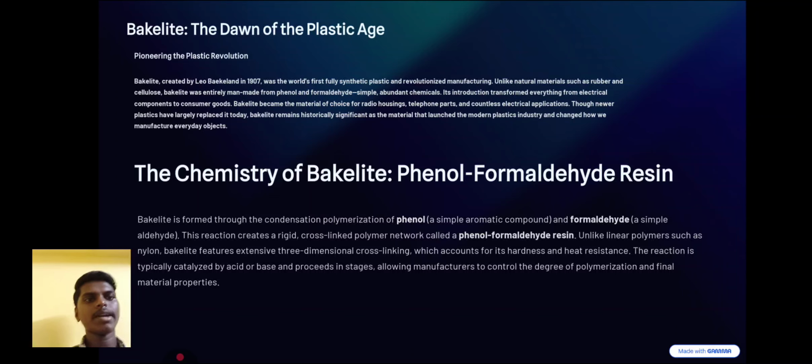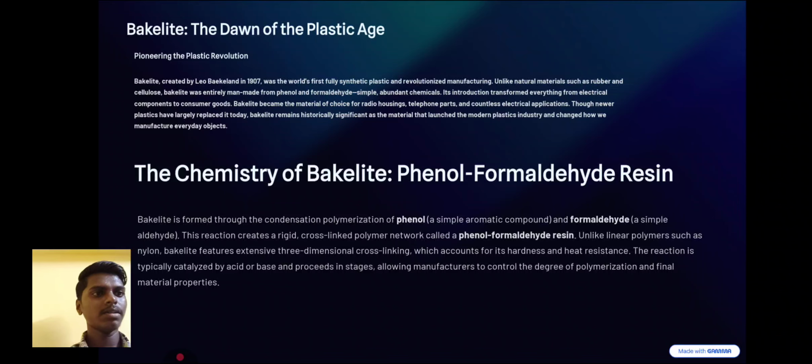The chemistry of bakelite. Bakelite is formed through the condensation polymerization of phenol and formaldehyde. This reaction creates a rigid cross-linked polymer network called a phenol formaldehyde resin.